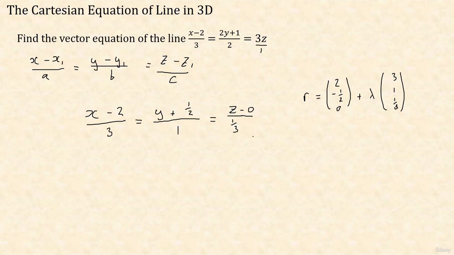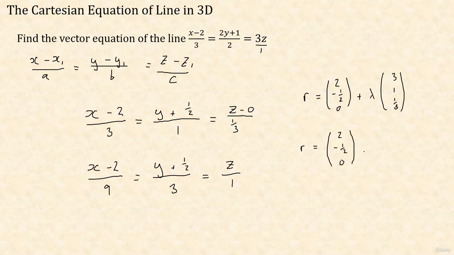Effectively, that would be multiplying all of our denominators by 3. So that would be x minus 2 over 9 equals y plus a half over 3 equals z minus 0, which we don't need to bother with, over 1, which I guess we also don't need to bother with. And that would be the slightly neatened form of 2, minus a half, 0, plus lambda 9, 3, 1.